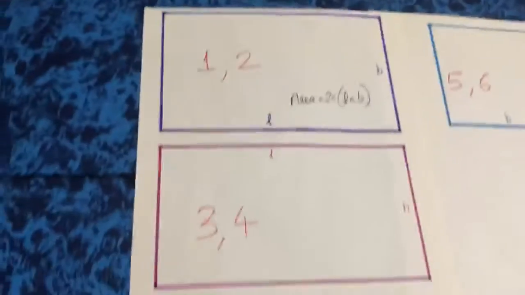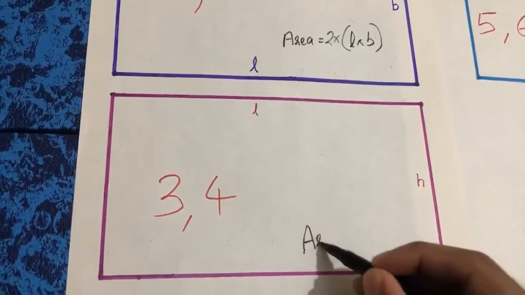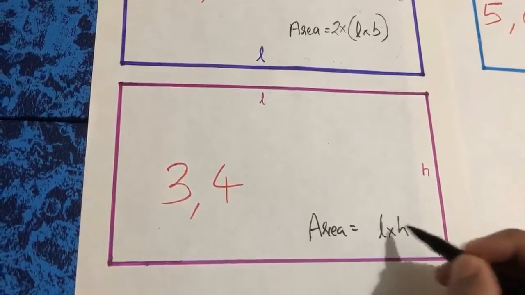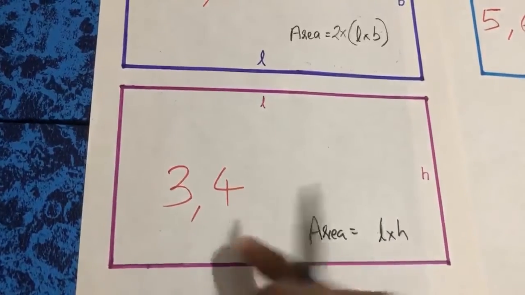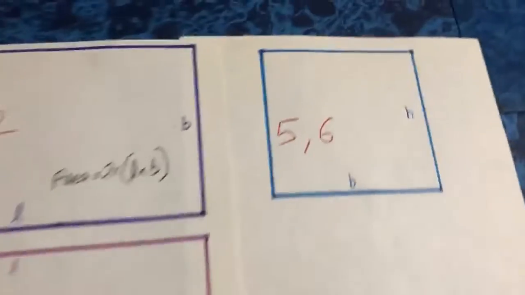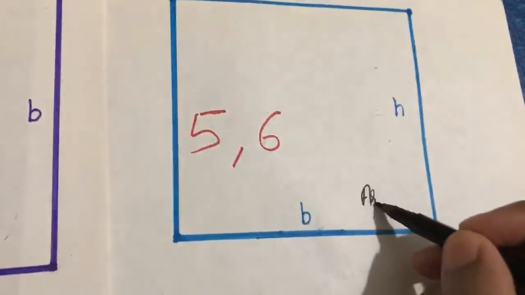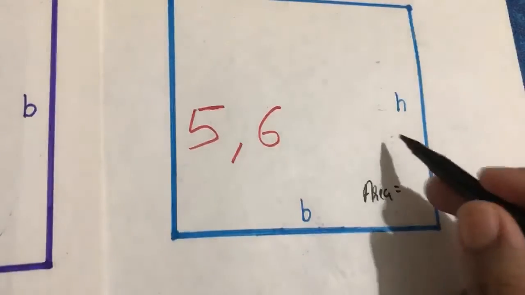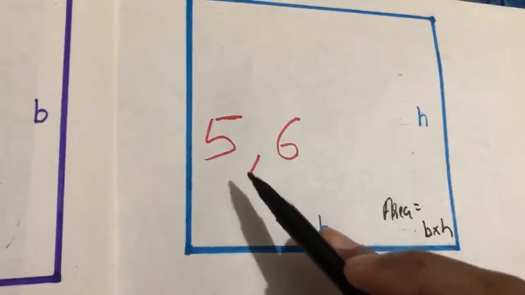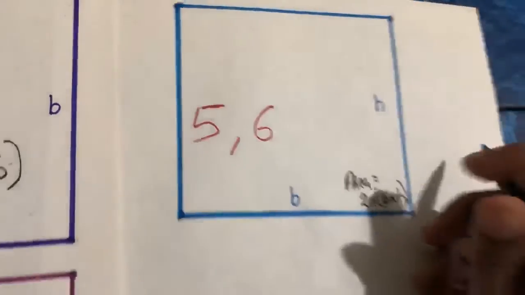Then here the area is L into H, and again two rectangles have that, so it is 2 into L into H. Here again, the area is B into H, and again two rectangles had that, so 2 into B into H.